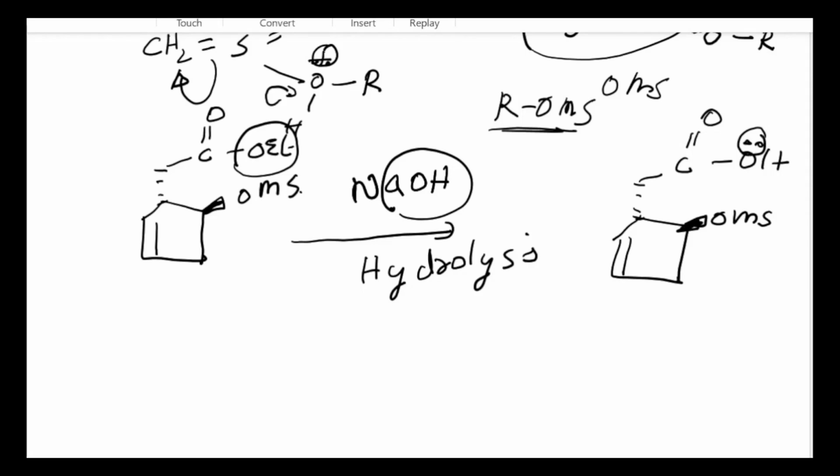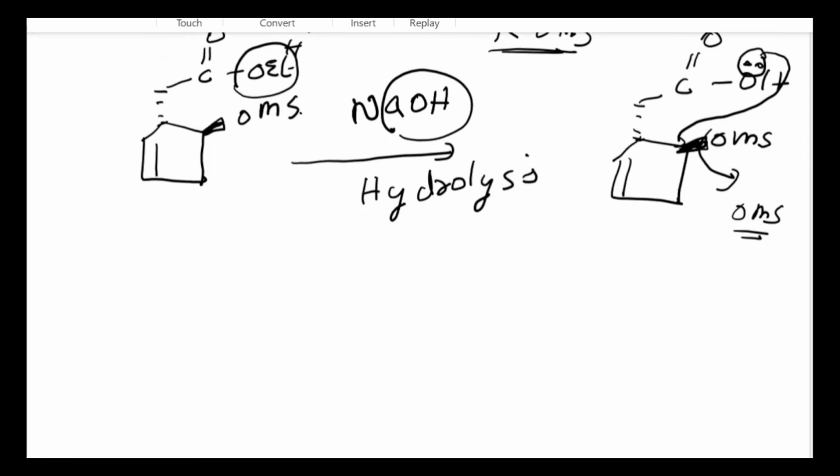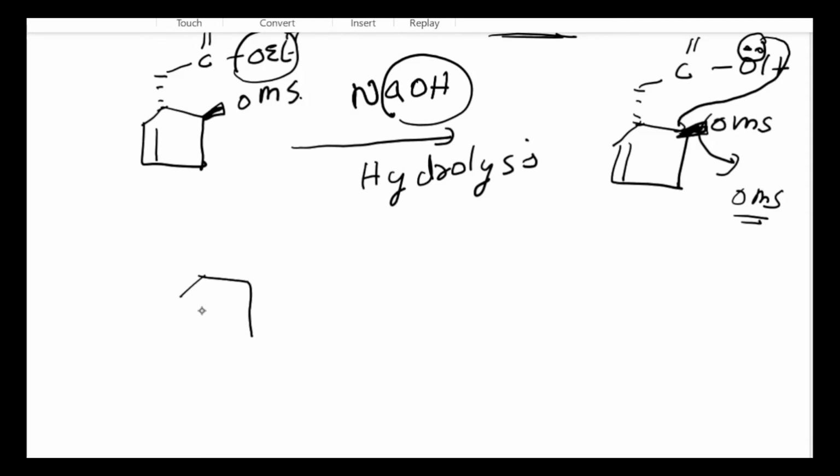This lone pair of oxygen will interact here, resulting in leaving, since OMs is a good leaving group. Since this side is above the plane, the OH will attack from behind the plane, that is the back side. So the product is C=O.